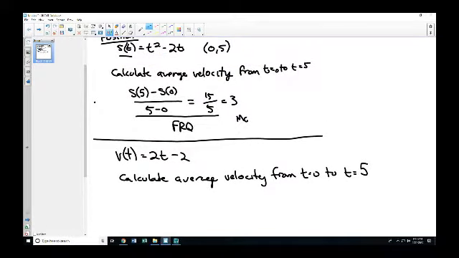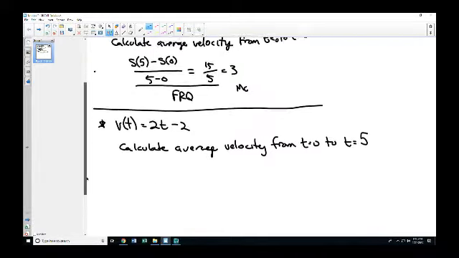Same question, right? But now you're given the velocity function. Most people misinterpret this initially and just do the slope formula because it says average velocity. But you have to be careful because you're given the velocity function.